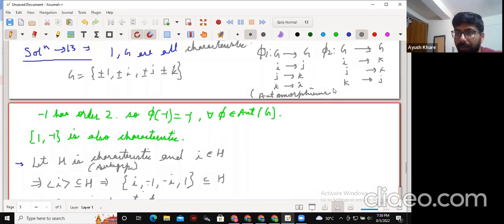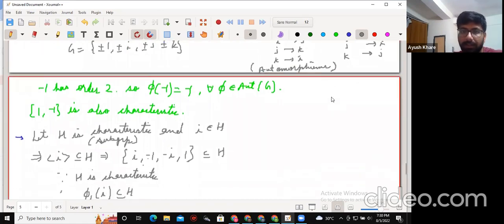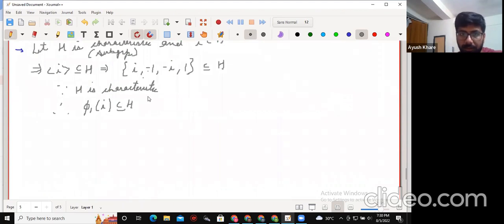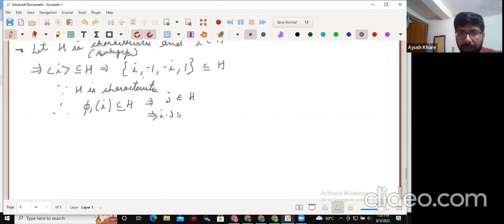So j should also be inside H, which implies j belongs to H. And once j is there, i times j, which is equal to k, should also be there.